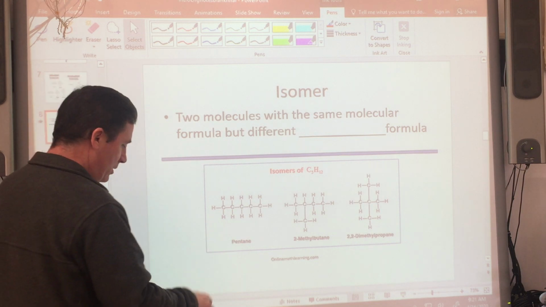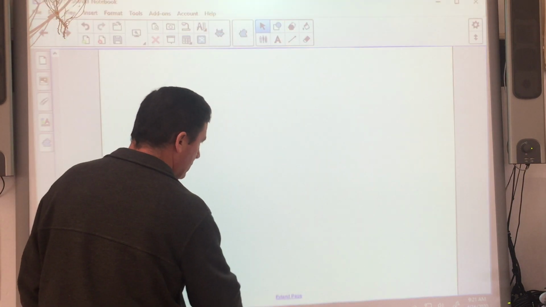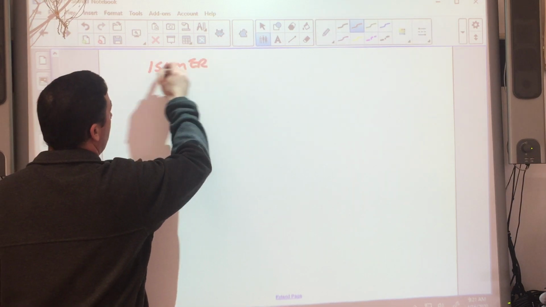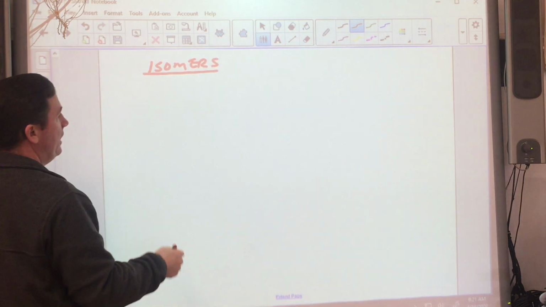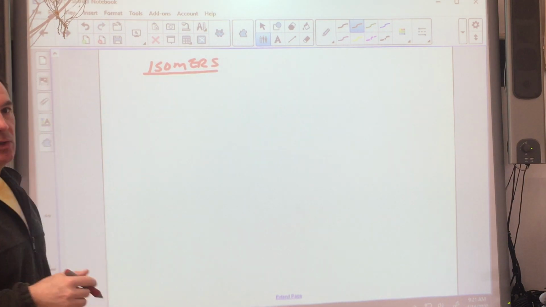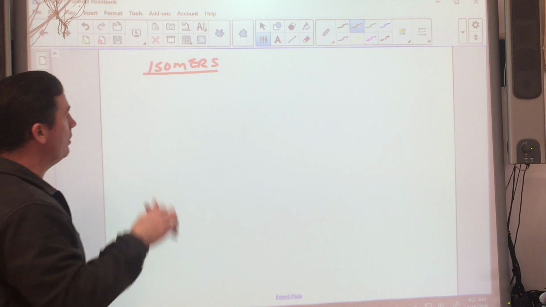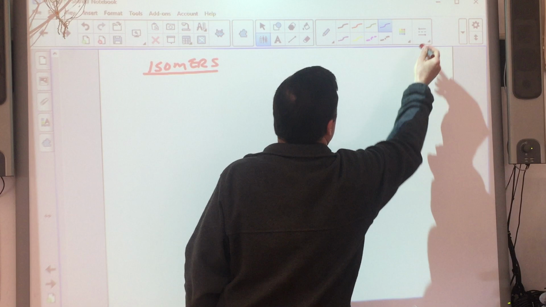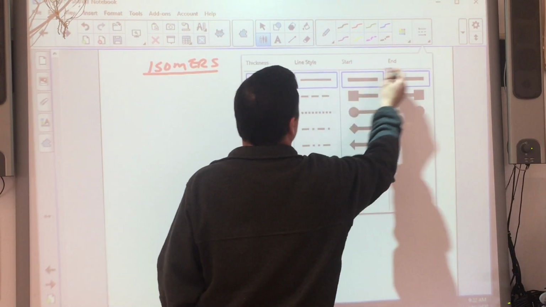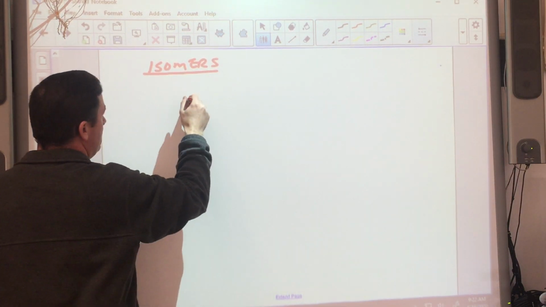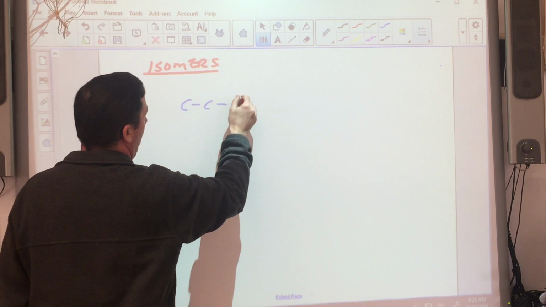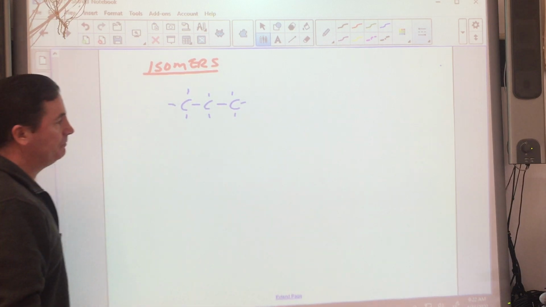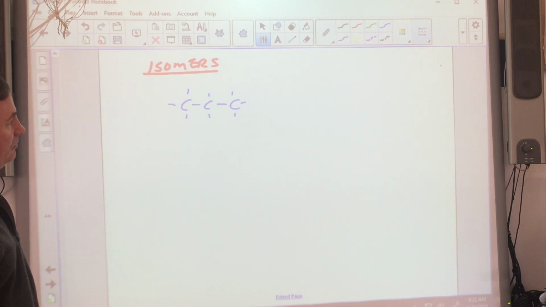Isomers are essentially two different structures that have the same molecular formula but a different structural formula. For example, let me try to get this smaller. Let's say I've got this. Hopefully you can name that. That's propane.